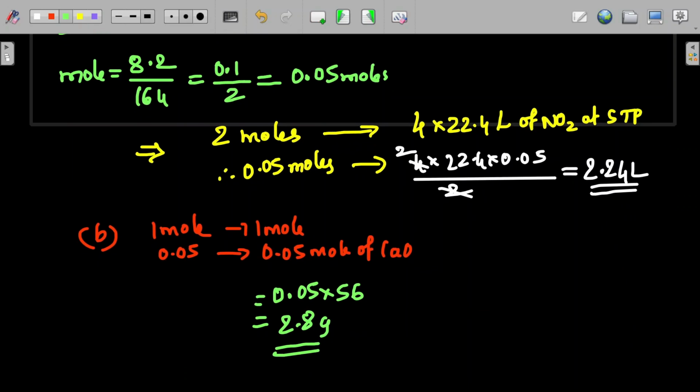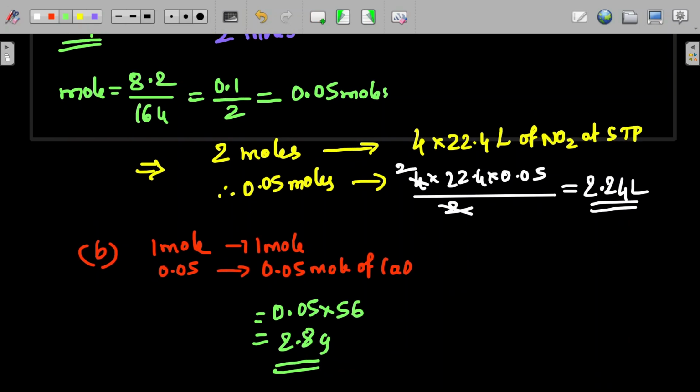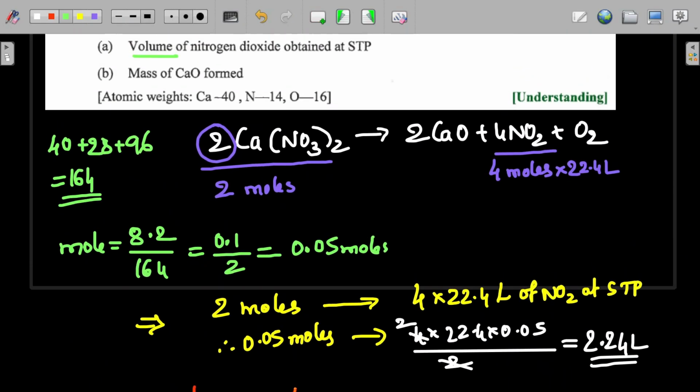So here mole to mole will be easy, but you can also take mass to mass. But that time you should not miss the coefficient. Therefore, I am telling you, take mole to mole, then connect it with the masses or the volumes.